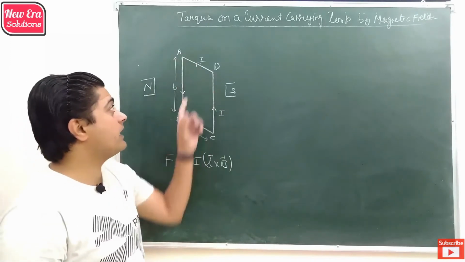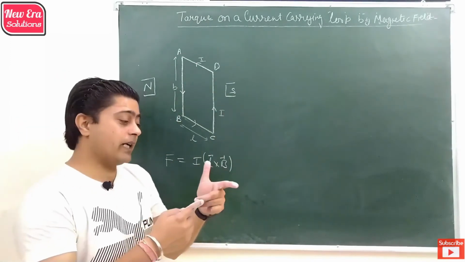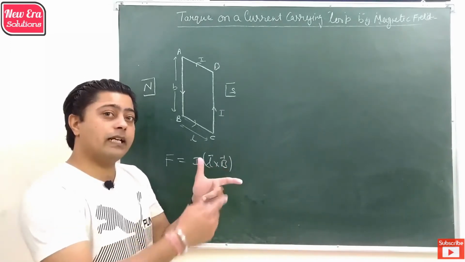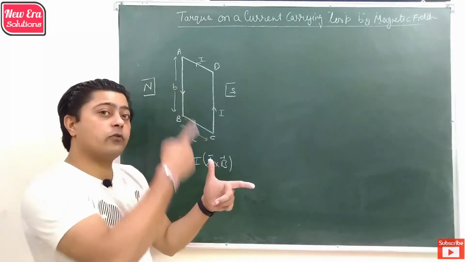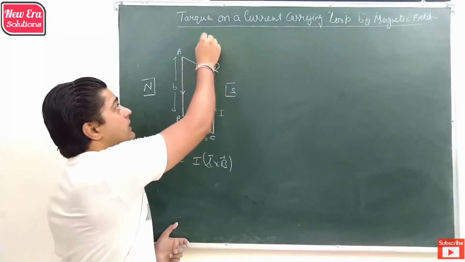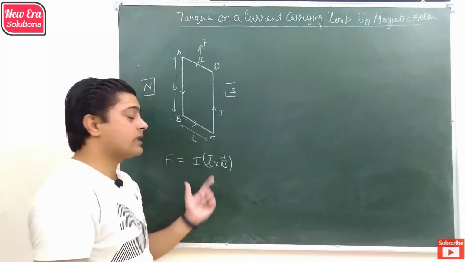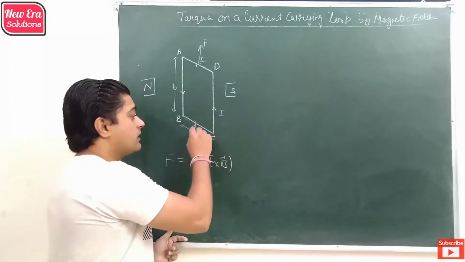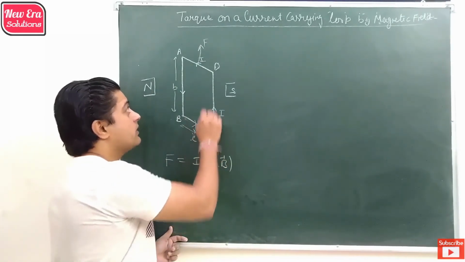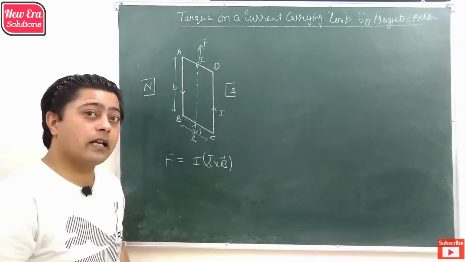So in the segment AD, the current is moving in that direction and the magnetic field is pointed in that direction. Then the force experienced by AD is in the upward direction. The same force is experienced by the lower segment BC but in a downward direction, and these two forces are collinear, so they cancel each other out.